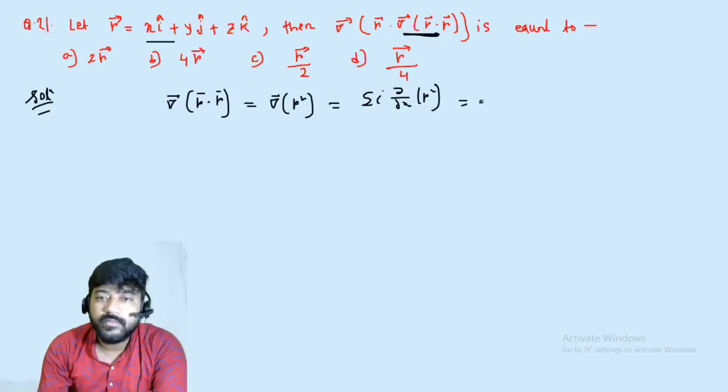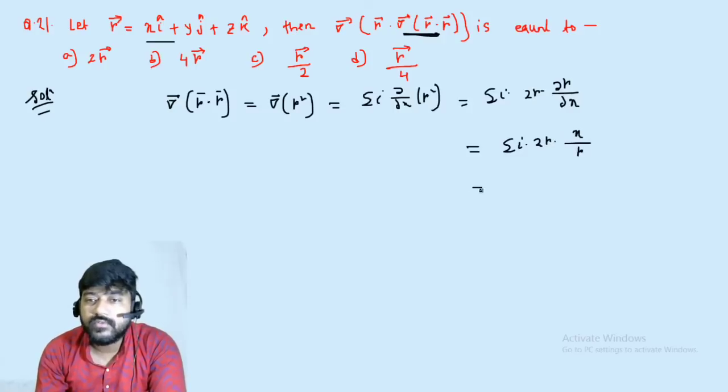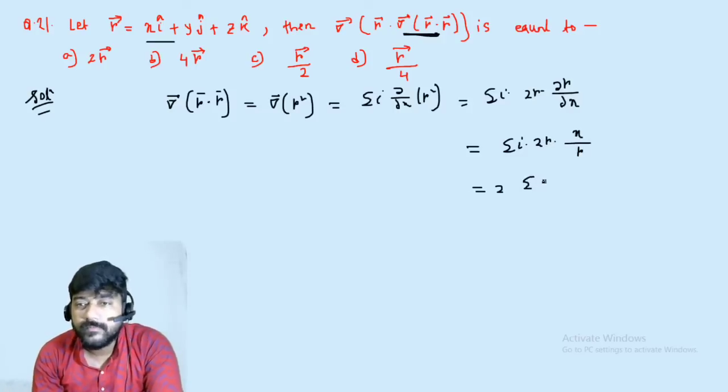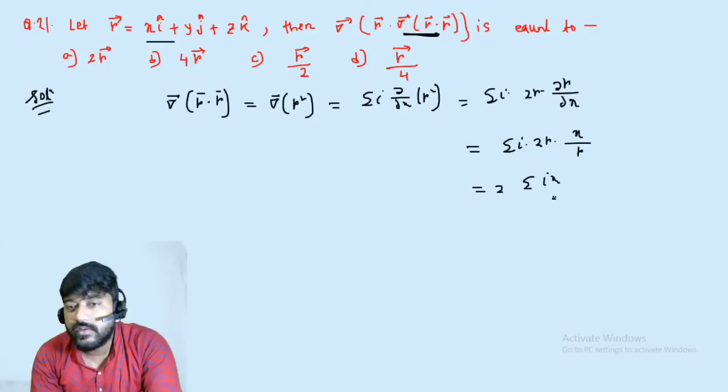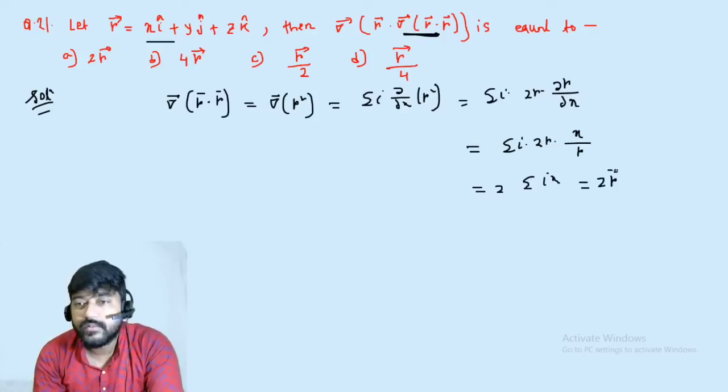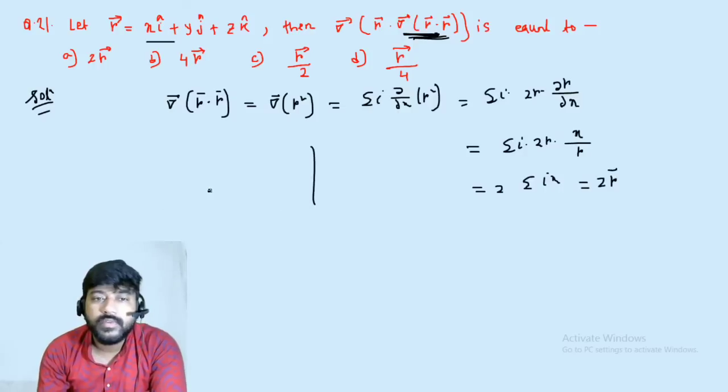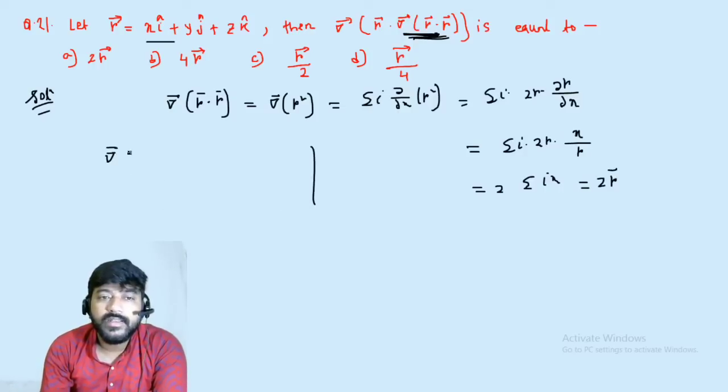I have done this many times, so it will be summation i del x R square means 2R del R del x, and del R del x is x by R, so it will be summation i into 2R into x by R, so R will cancel out, so it will be 2 into summation ix, and summation ix is what? R vector, so it will be 2R vector.